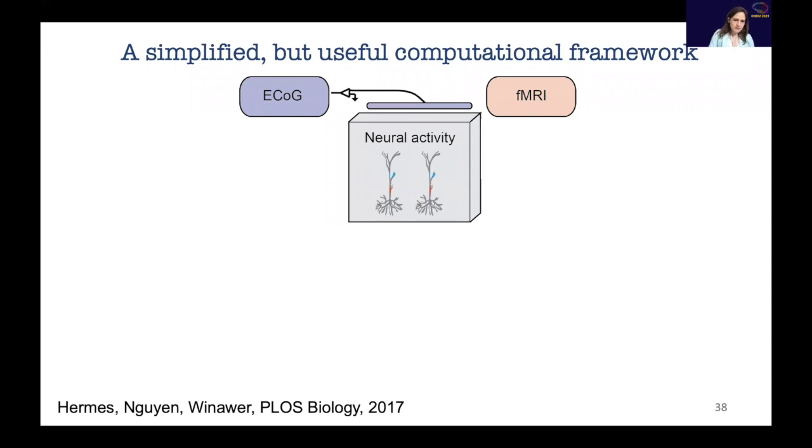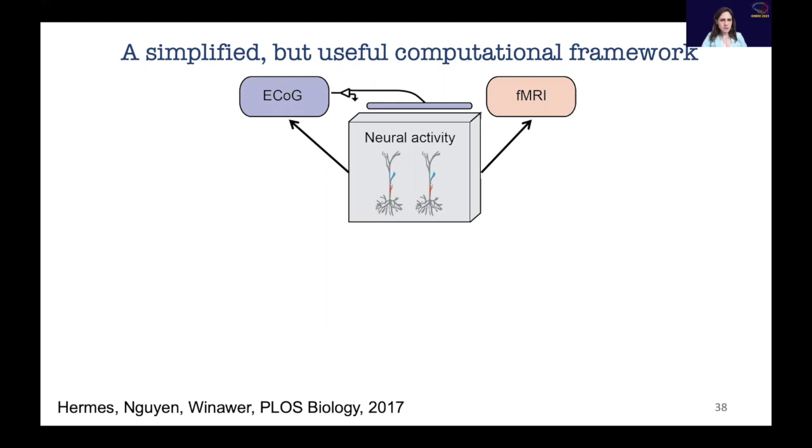Because we think about our different measurements, and each measurement measures from a particular neuronal population. In the case of ECOG and fMRI, they're both on the order of millimeters. And each of these measurements integrates the neuronal activity underneath the electrode or within the voxel in a different manner.